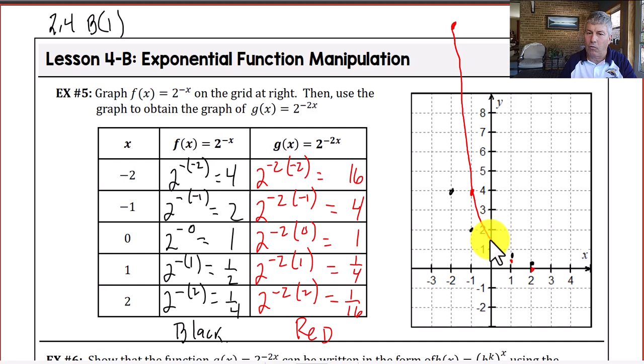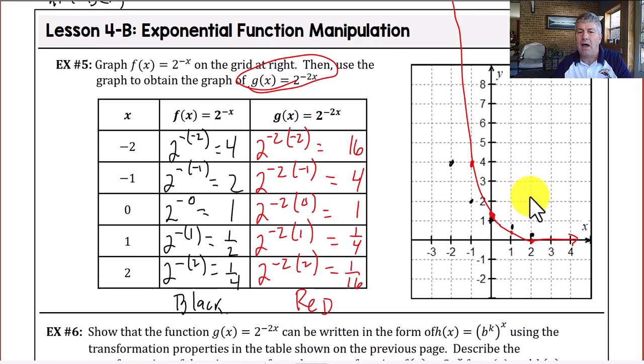So it is going to cross at 0, 1 at the y-intercept. They share the same y-intercept, and then we're just going to skim that x-axis. And so that is a good look at our new graph, g of x equals 2 to the negative 2x. So we do have a horizontal dilation here of 1/2.